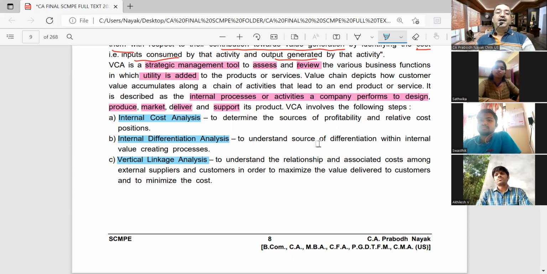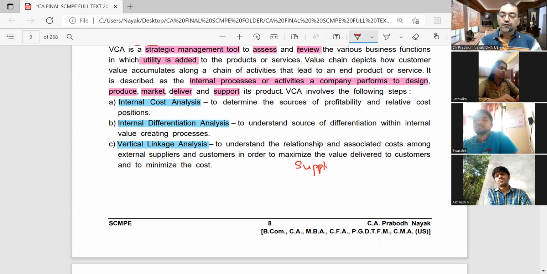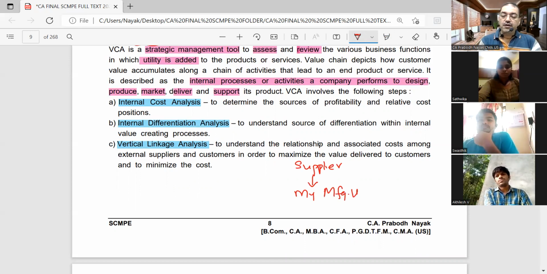Vertical linkage analysis. What is a vertical linkage? Supplier, my production unit, and customer. What is the relationship between these three parts? The vertical linkage runs from the supplier to my manufacturing company, and from there to my customer.